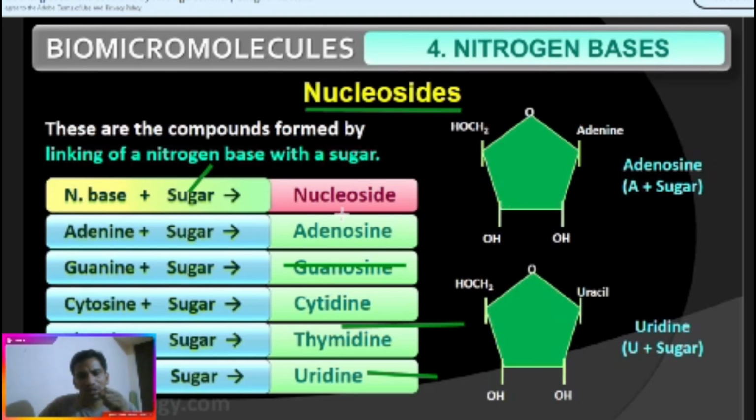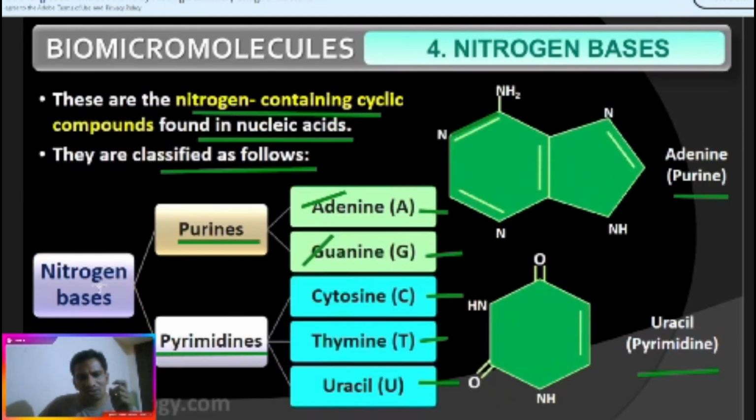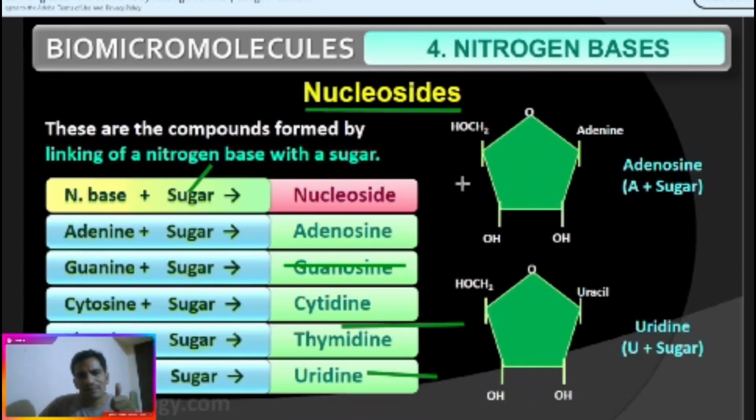These nitrogen base plus sugar. Adenine is a nitrogen base, uracil is a nitrogen base; this is the purine, this is the pyrimidine. Here A plus sugar gives adenosine, A meaning adenine, okay? And U plus sugar molecule gives uridine.